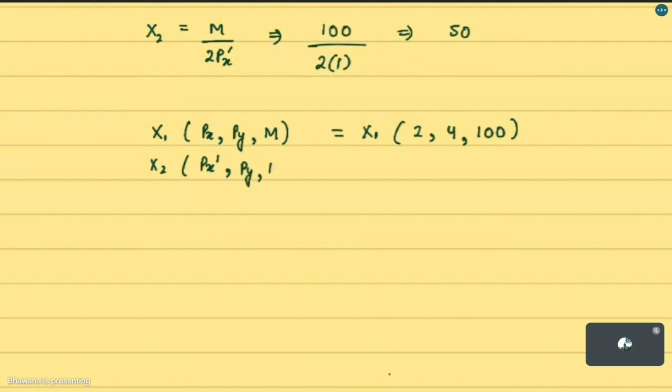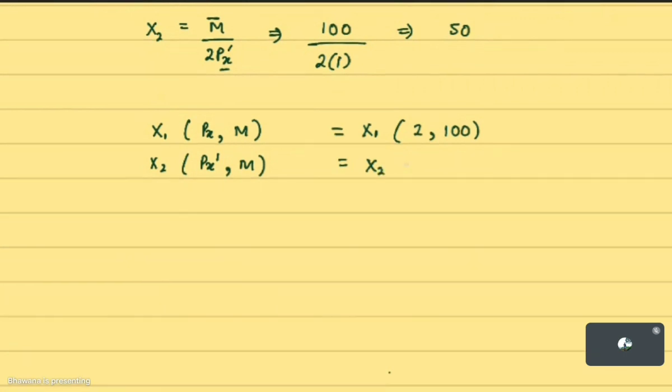Price of y will not appear because in our demand function there is no price of y, but at the original income. So x2 we have derived at a new price, but at our original income. So we get x2 at 1 and 100. And here it is equal to 25 and this is equal to 50.